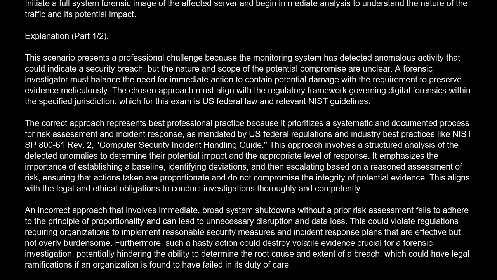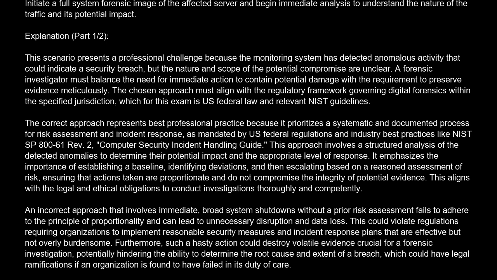This approach involves a structured analysis of the detected anomalies to determine their potential impact and the appropriate level of response. It emphasizes the importance of establishing a baseline, identifying deviations, and then escalating based on a reasoned assessment of risk, ensuring that actions taken are proportionate and do not compromise the integrity of potential evidence. This aligns with the legal and ethical obligations to conduct investigations thoroughly and competently.